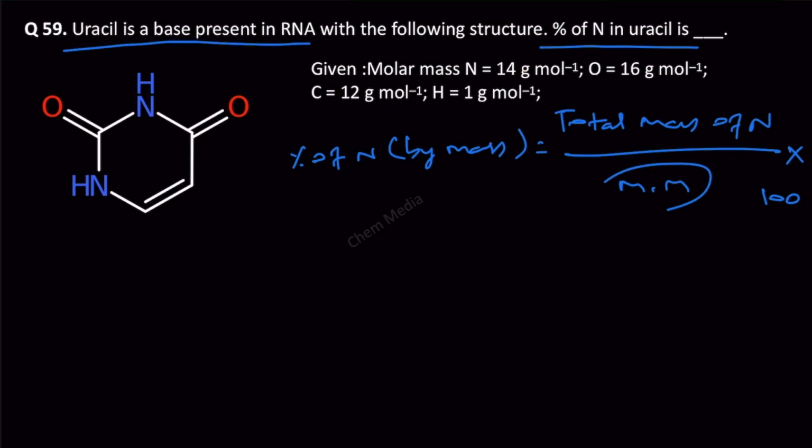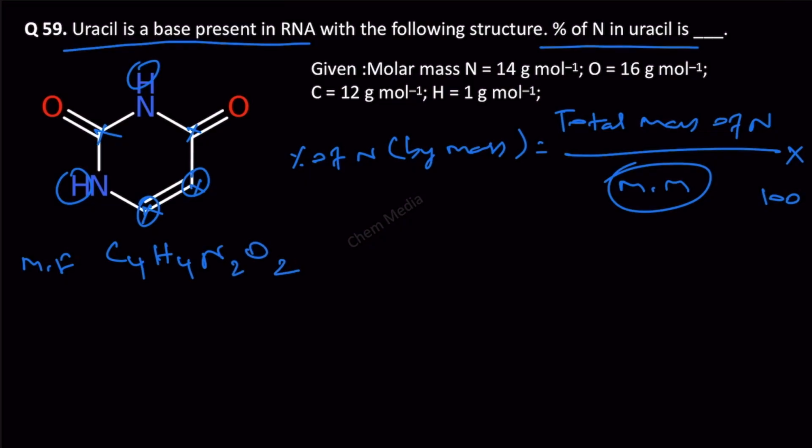Now we need to find out the molar mass. We have how many carbons? 1, 2, 3, 4. 4 carbons are there. So let's find the molecular formula first: C4, and then 4 hydrogens are there, because 1, 2, and then 3, 4, and then 2 nitrogens are there, 2 oxygen atoms are there.